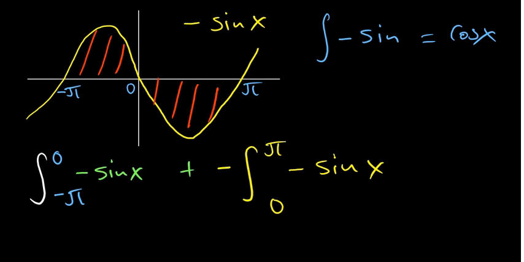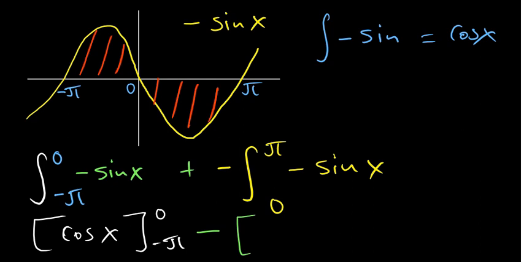Okay, so on our next step, I've gotten positive cosine after integration. So cosine of x, and then the limits are 0 and negative pi, and then plus. Now because of the negative there, it can just become minus, again cosine of x. Now the limits here are pi and 0 respectively.